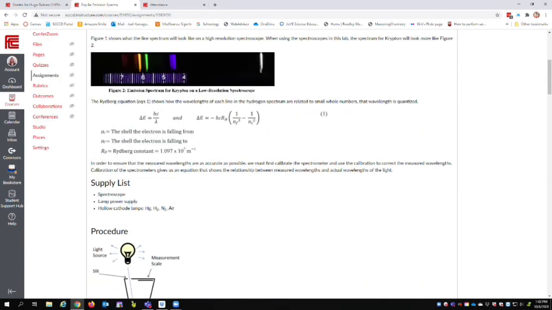So this is the energy for the electron. The electron is going from a state of higher energy to a state of lower energy. And so the change in energy is going to be negative compared to the energy of the photon, which has to be positive.